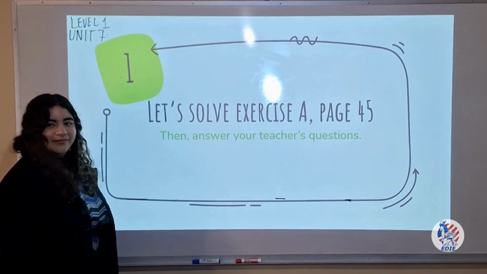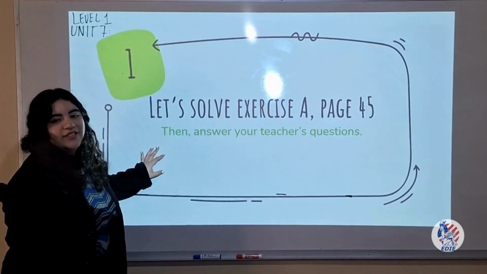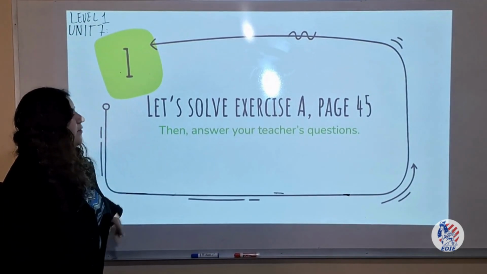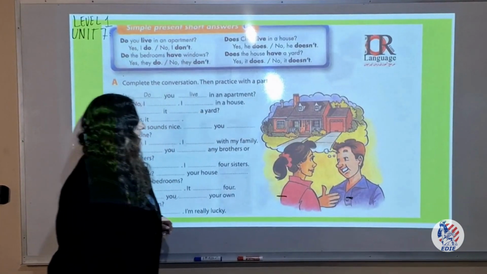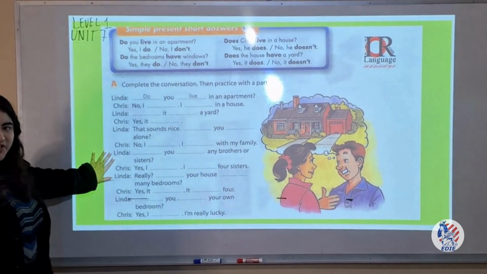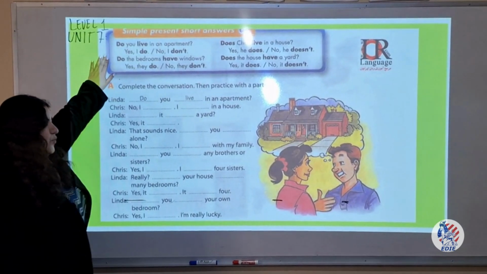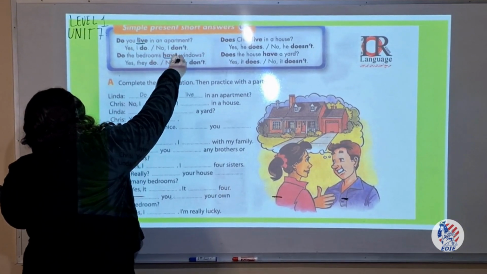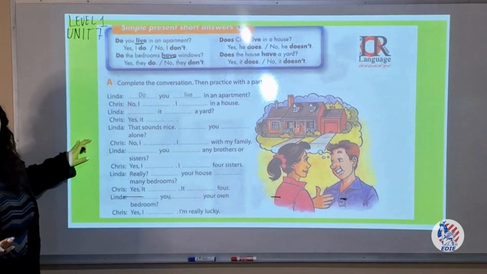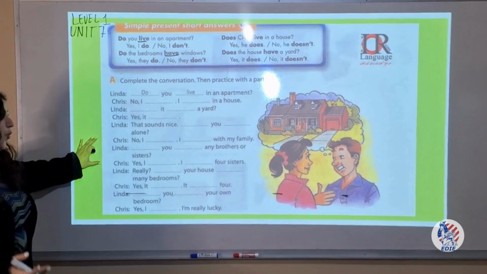All right? Okay, so to practice what we just saw, we're going to solve exercise 8 from page 47. For this, we are going to complete the conversation using either do, does, or verbs like live and have, which are related to the conversation about your house or your home.